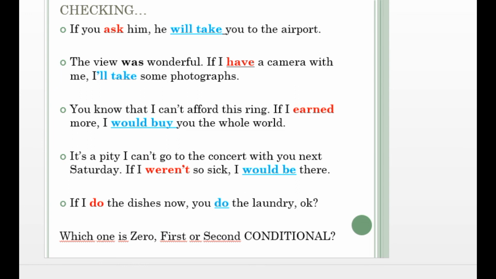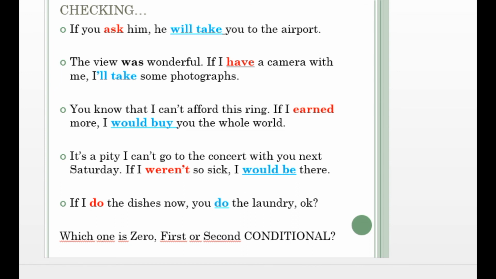If I do, if plus the present, in the other sentence I use simple present. So, these conditional sentences are divided into zero, first, or second conditional. Can you identify? The first one, zero, first, or second.